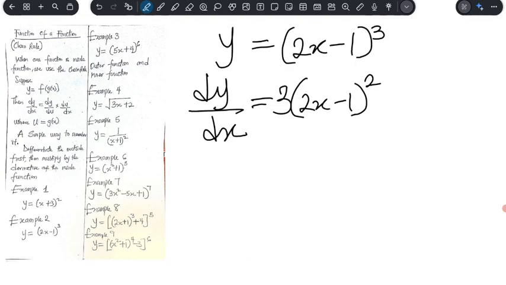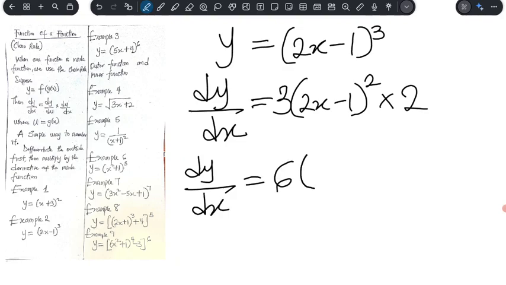That is the outside one, multiplied by the derivative of the inside. The derivative of the inside, 2x - 1, is 2. So we have dy/dx is equal to 6 times (2x - 1) squared.